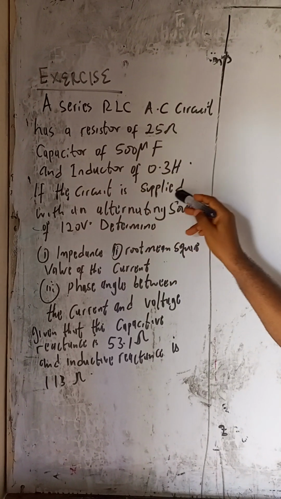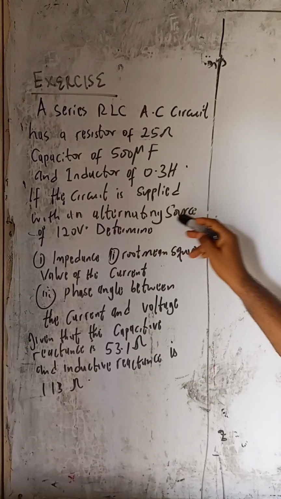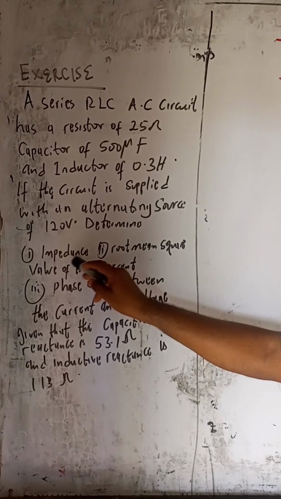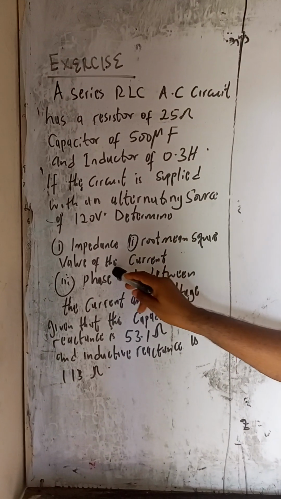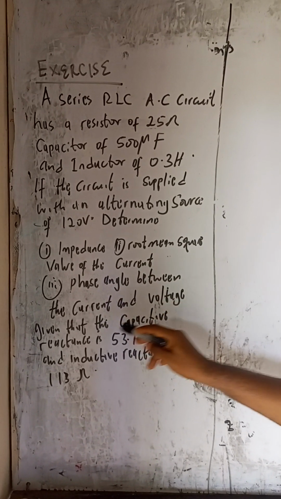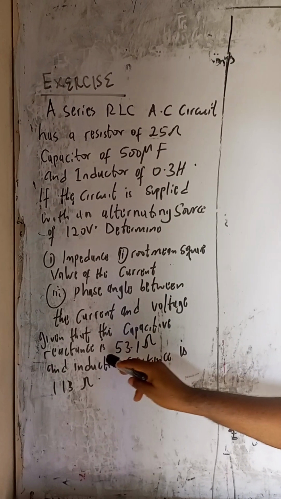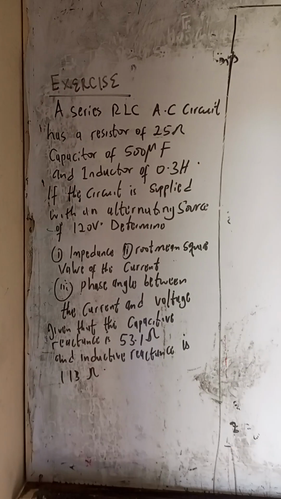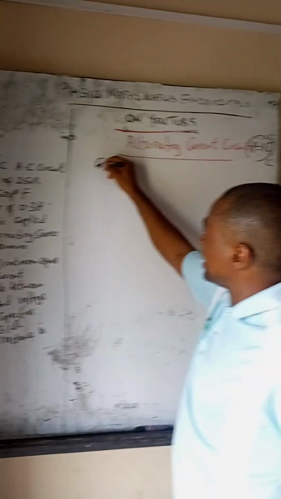If the circuit is connected to an alternating source of 120 volts, determine each of these: the impedance, the root mean square value of the current, and the phase angle between the current and the voltage, given that the capacitive reactance is this and the inductive reactance is that. Now, before we start, please take note of this.